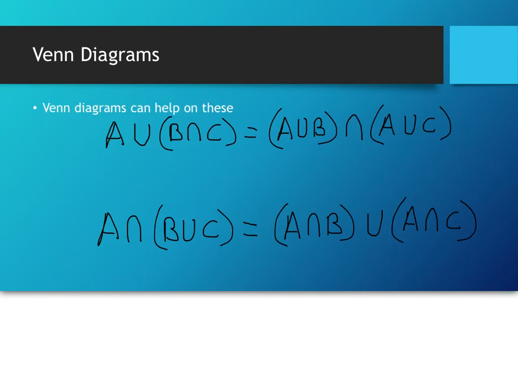And these are two general rules. You don't have to memorize these, but it is nice to understand that many things can be rewritten when we're doing more complicated set operations, when we have more than one. A lot of things can be rewritten in different ways.